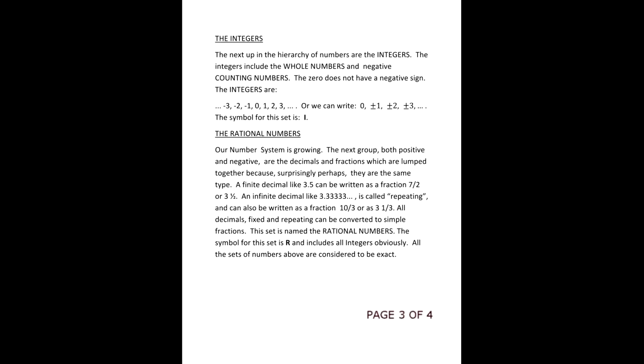both positive and negative, are the decimals and fractions which are lumped together because, surprisingly, they are of the same type. We call these the rational numbers. A finite decimal like 3.5 can be written as a fraction 7/2 or 3 1/2.